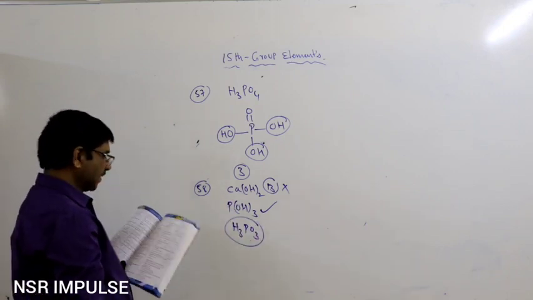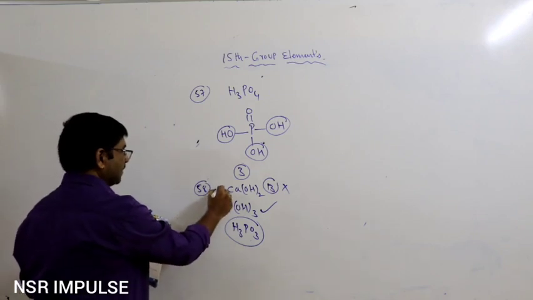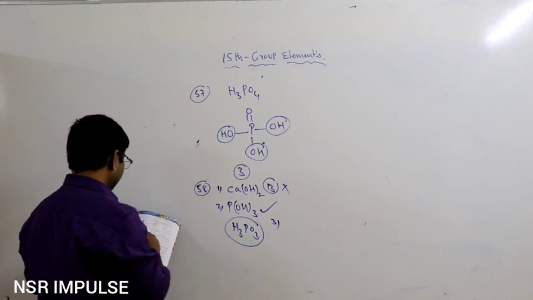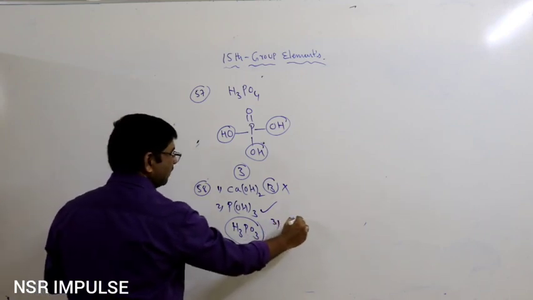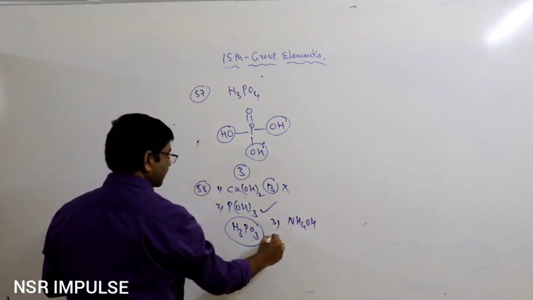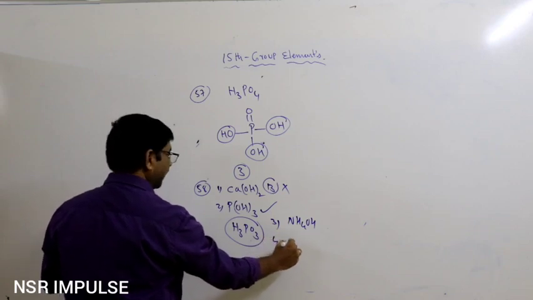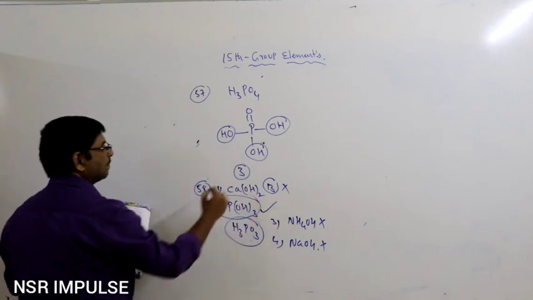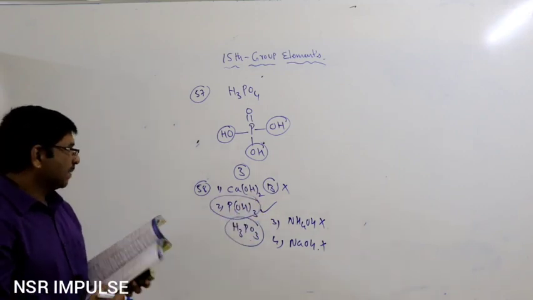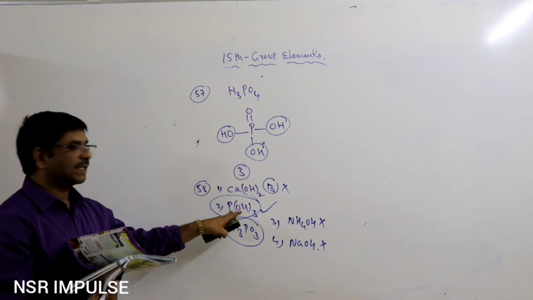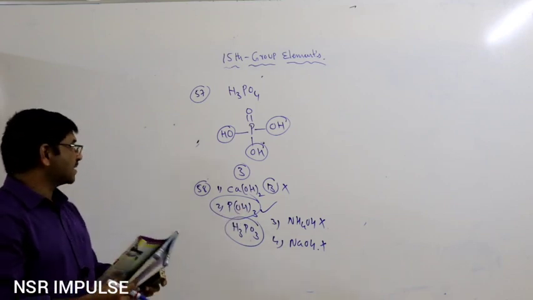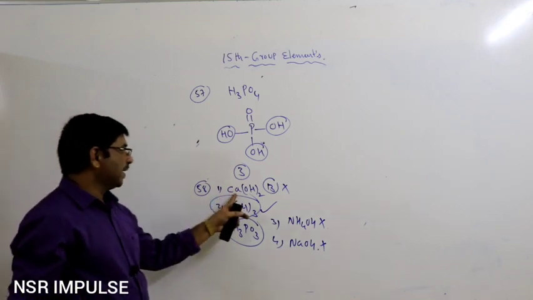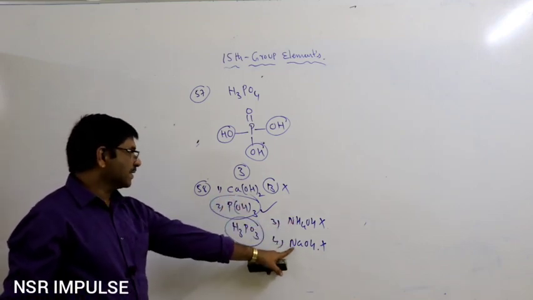Third option is NH4OH, ammonium hydroxide, base. Fourth one, NaOH, sodium hydroxide, base. So the answer is P(OH) taken thrice, because it is OH with a non-metal element.